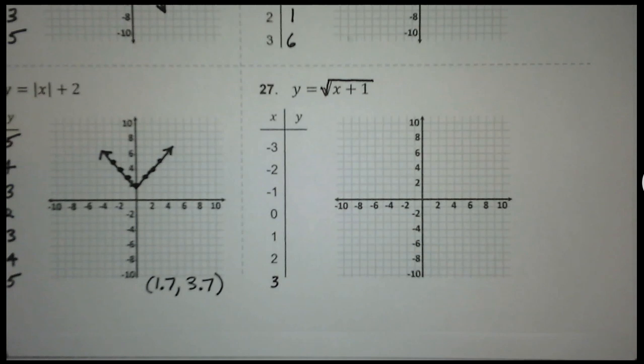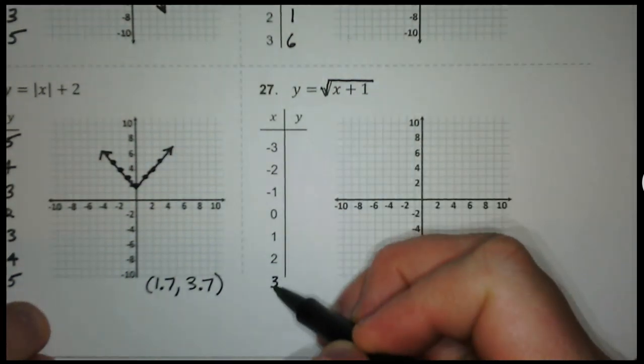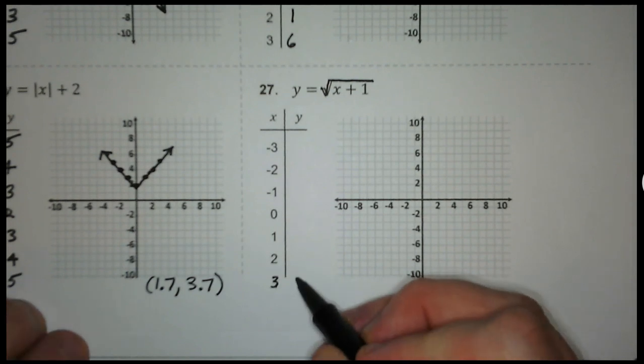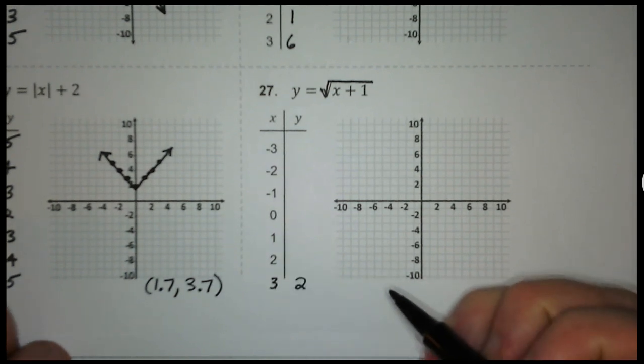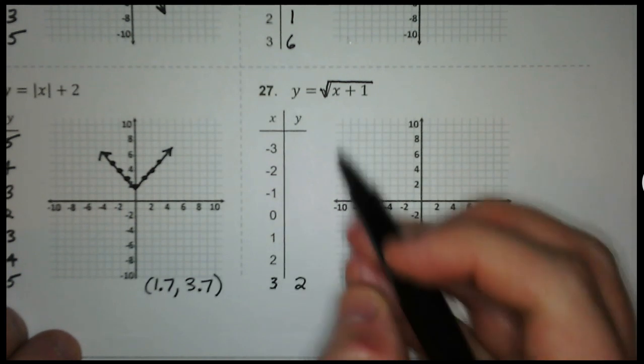Square root of a number means the number that can be multiplied by itself to equal 4. So the square root of 4 is whatever number can be multiplied by itself to equal 4. So the square root of 4, because this 3 makes it 4 under there, is 2. Because 2 times 2 is 4.